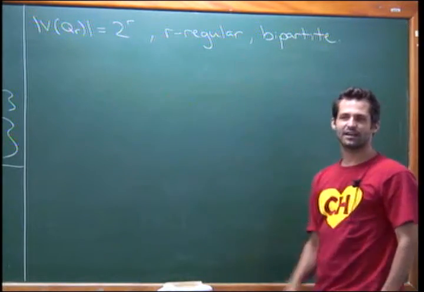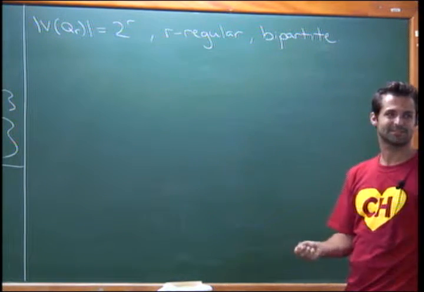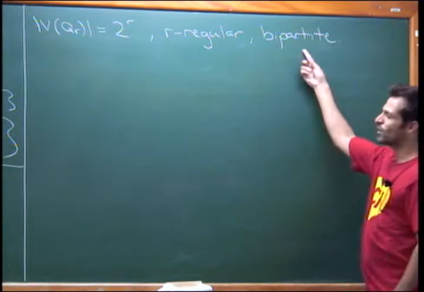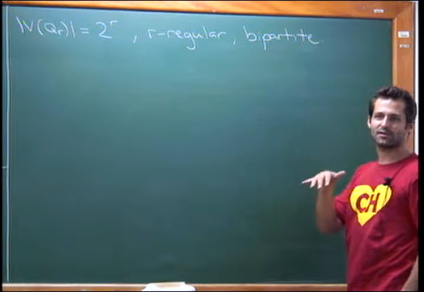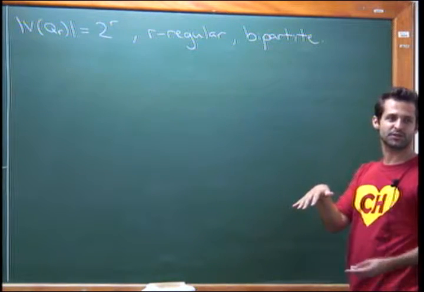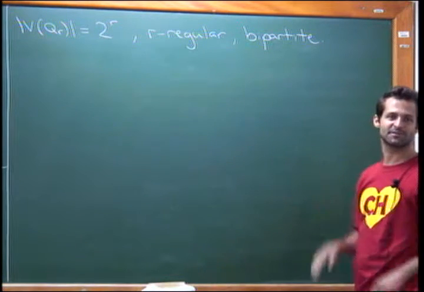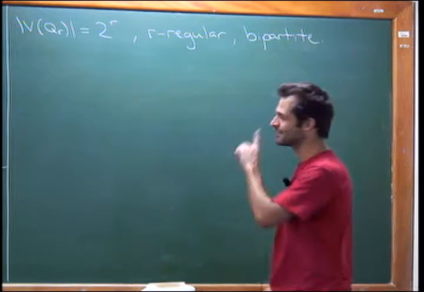Why is it r-regular? Well, each coordinate you can change, so you have one neighbor in each coordinate. Why is it bipartite? Well, things with an odd number of ones and things with an even number of ones can be neighbors, but odd and odd cannot.